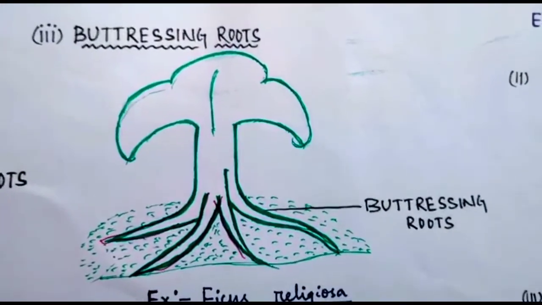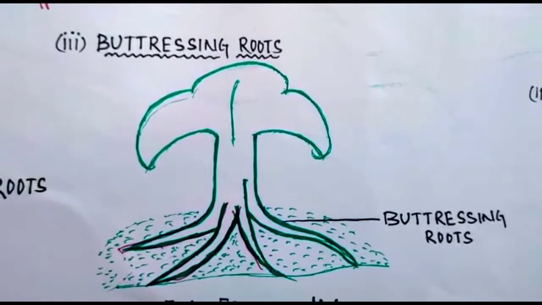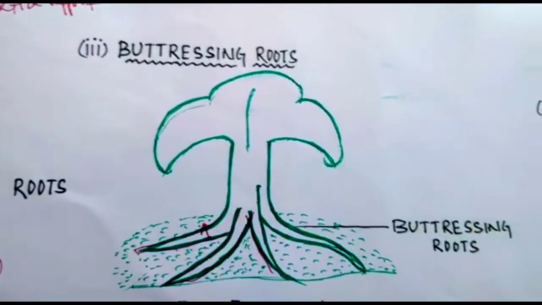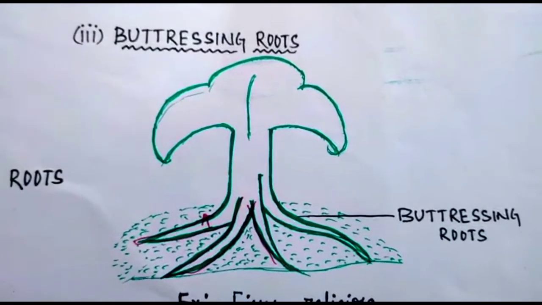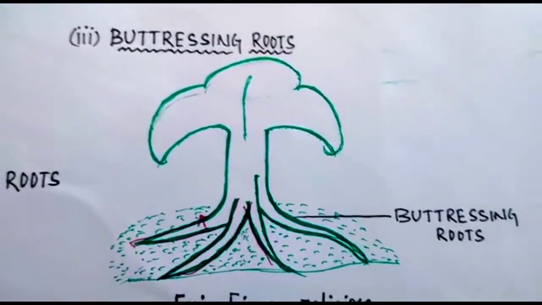These roots spread in different directions in the soil. They are vertically elongated or horizontally pressed to the soil surface. They are thick and broad like planks of the wood.